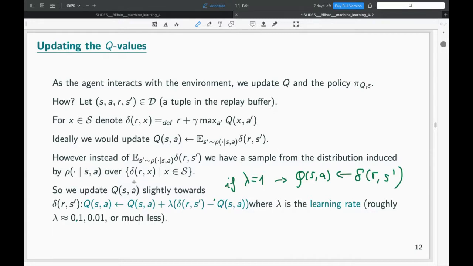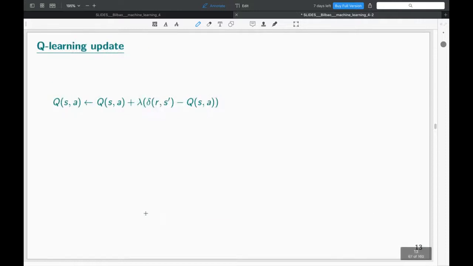But since we just have one sample, it might have nothing to do with the average. So we update it in this form with a very small lambda, so that the updates are not so dramatic. This is actually one way to incrementally perform averages. So I think it will be clearer in the next slide why this update is done in this form. So this is the update we do.